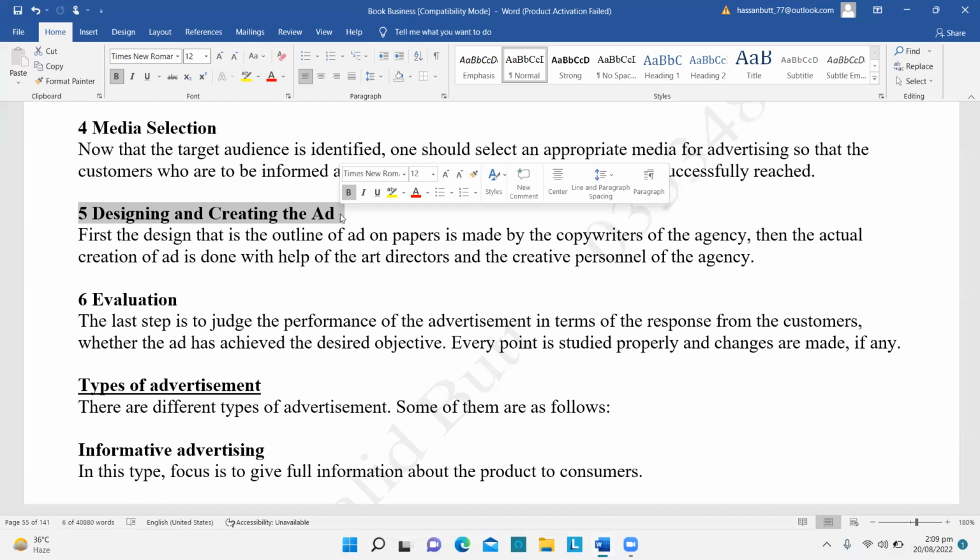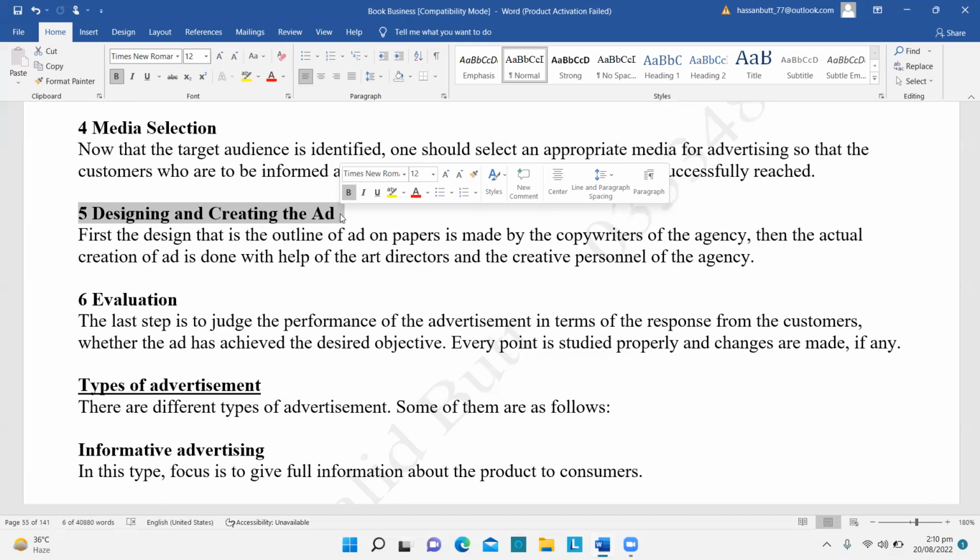So they contact advertising agencies and they develop ads for them, and they keep getting assistance from the company on what type of ad should be made, what message to be conveyed, what image should come out after watching that ad. They develop it and then give it to the companies.